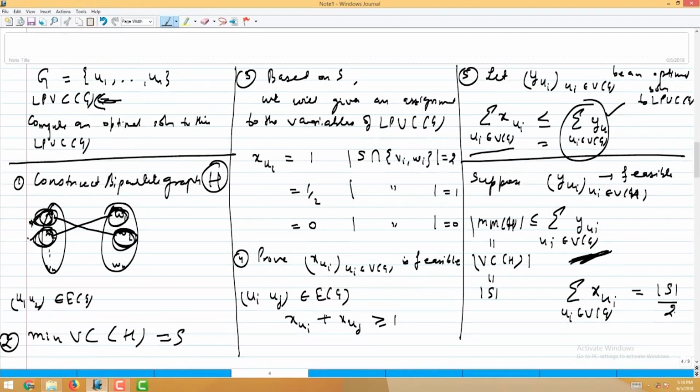Can you see a relation between this, the thing that we have constructed for G, and the size of S?